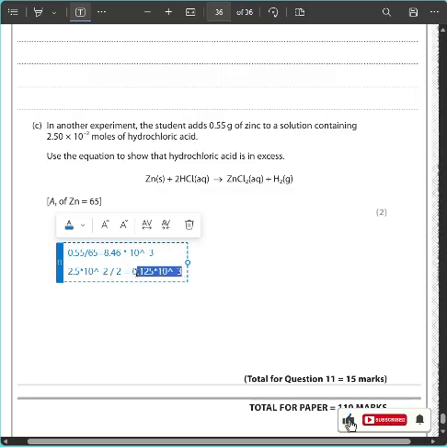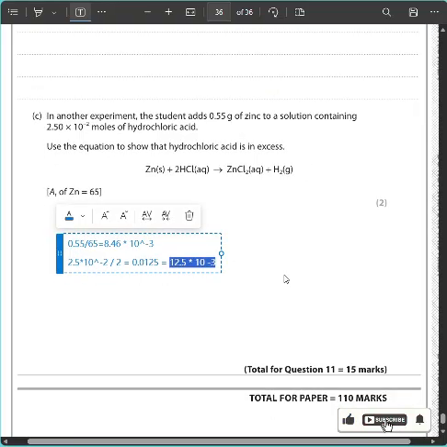The answer is 0.0125, which is equal to 12.5 multiplied by 10 to the power of minus 3, and it is much more than zinc. That means the hydrochloric acid will be in excess.